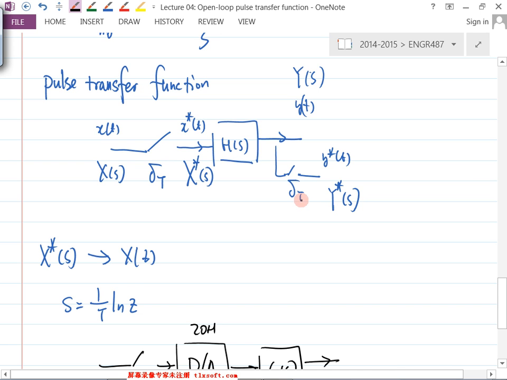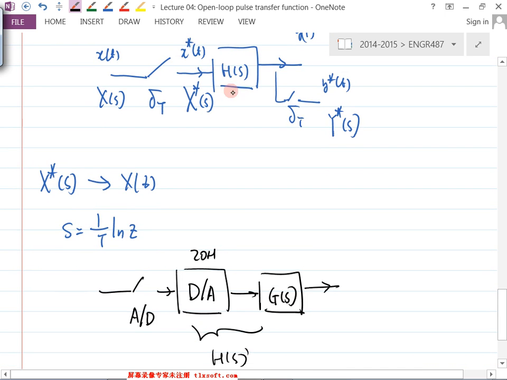Temporarily, you imagine inserting an impulse sampler here, with the purpose of generating this function. It doesn't have to practically exist, but this one has to.